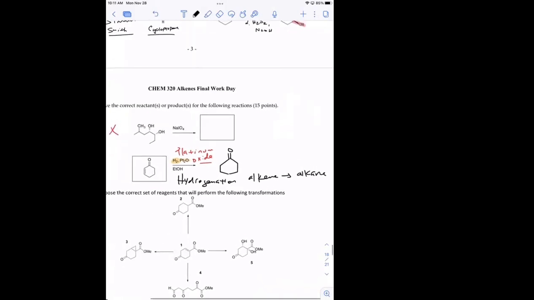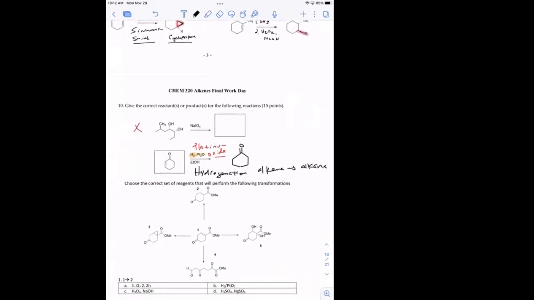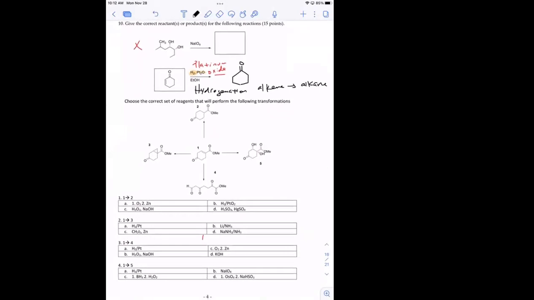All right, we're going to go through this reaction wheel right here. Hopefully by now you've taken my advice and made flashcards. If not, shame on you. We're going to go through this wheel, and each one of these has a reaction.